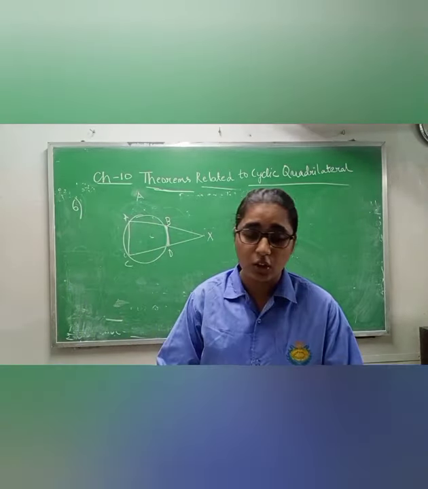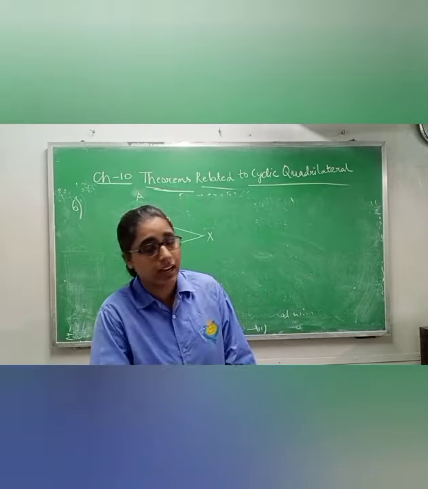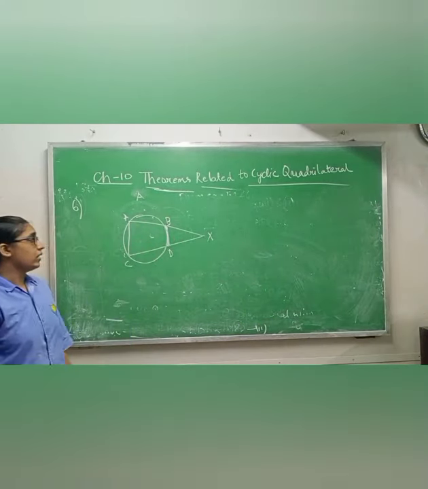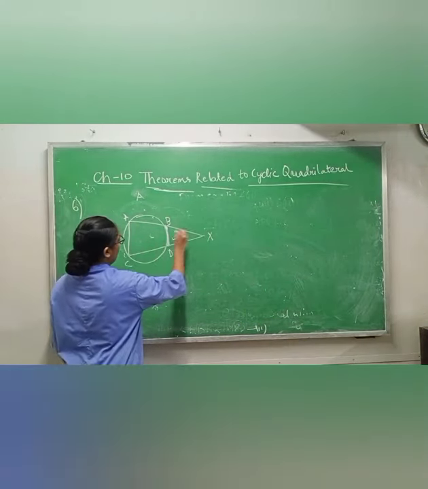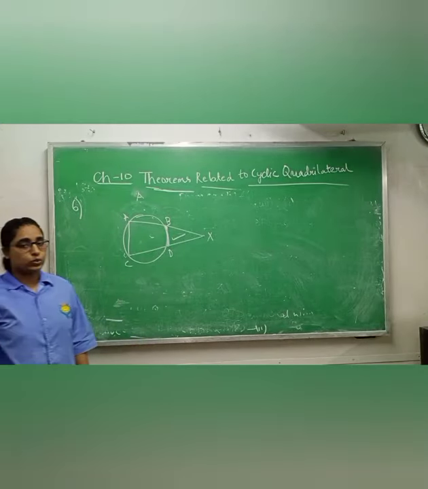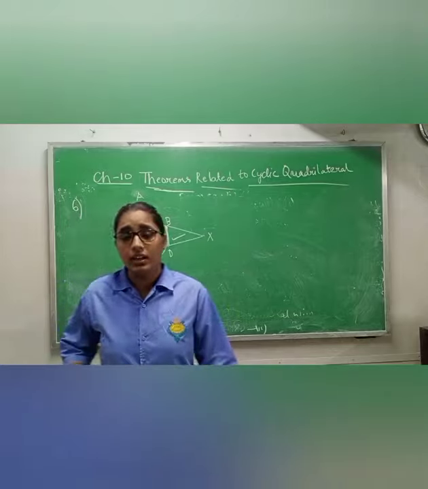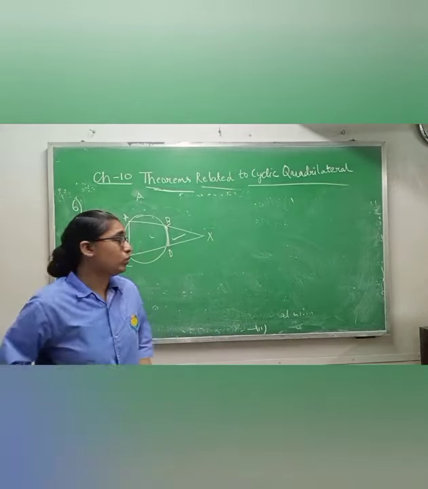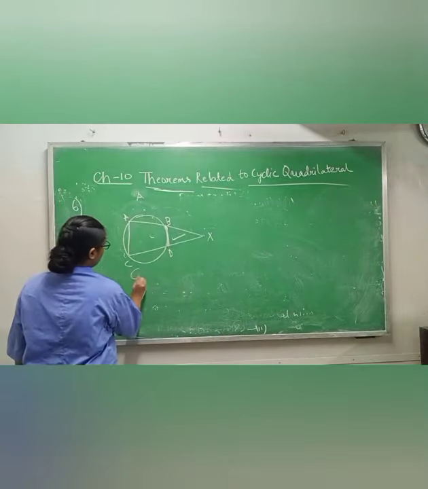So what is the meaning of equiangular? It means that the angles between this triangle and the bigger triangle XAC will be equal. Means all angles will be equal. So what will you write in the given part?